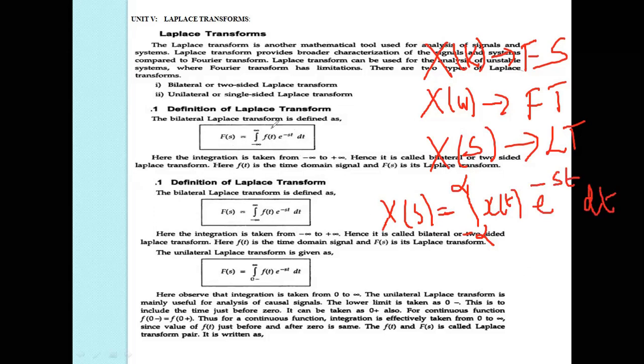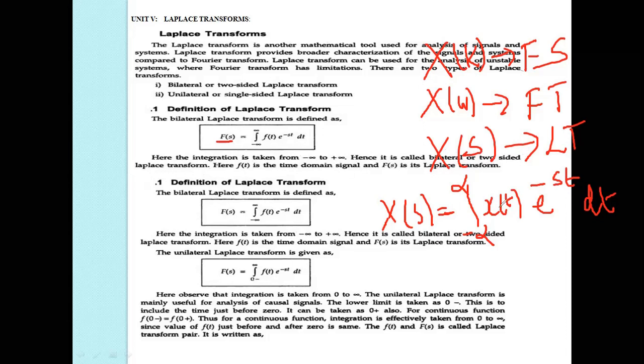Here inside I am taking f of t, so the frequency is f of s. Here the integration is taken from minus to plus infinity, hence it is called the bilateral or two-sided Laplace transform.